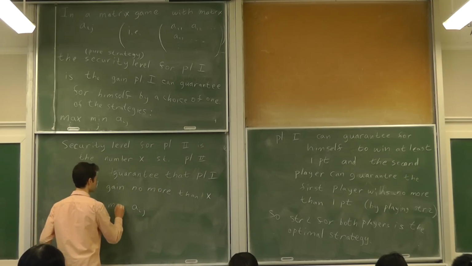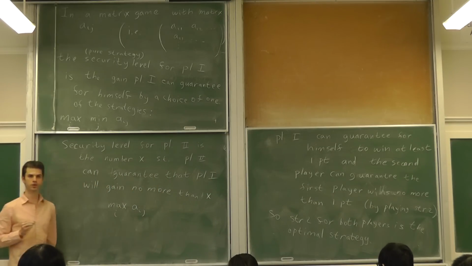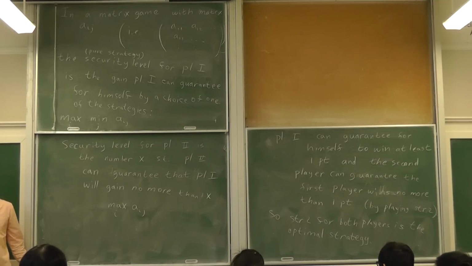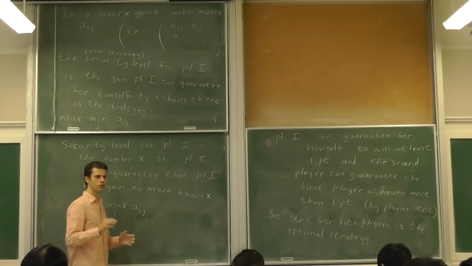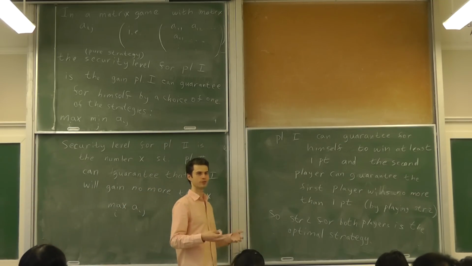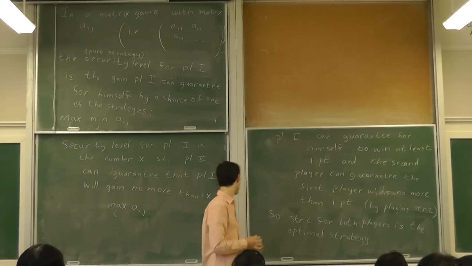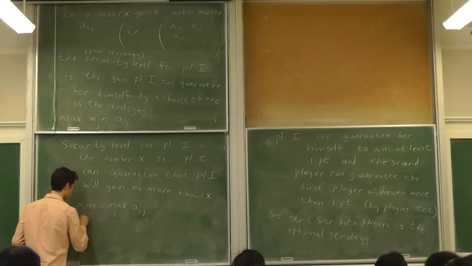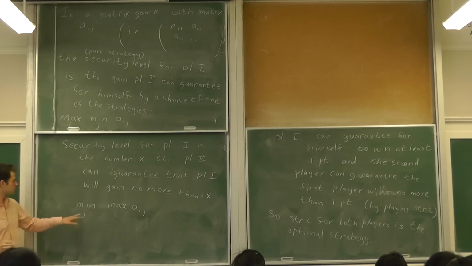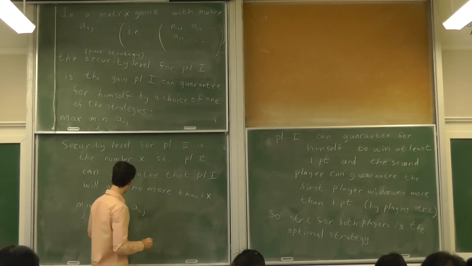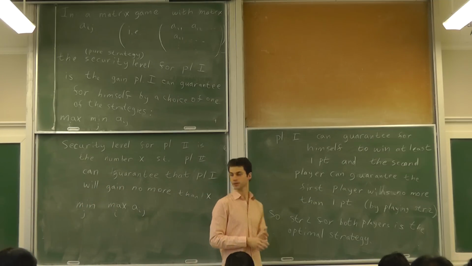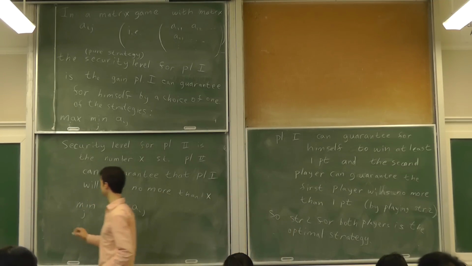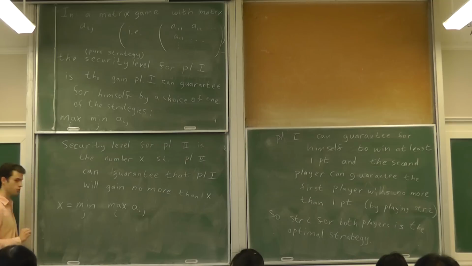So you'll find the largest number in each one of the columns. And then we'll choose the column for which the outcome for the first player is the worst. So we talk about the minimum in this list of numbers, the smallest number. So that's the security level of player number 2.